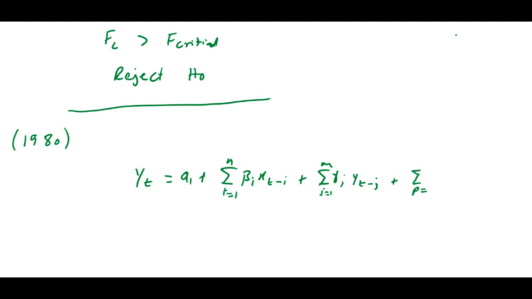Rho from 1 to k, and zeta rho x t. Instead of writing minus, now we write plus over here. Plus represents that we are taking lead values instead of lag values, and e1t.